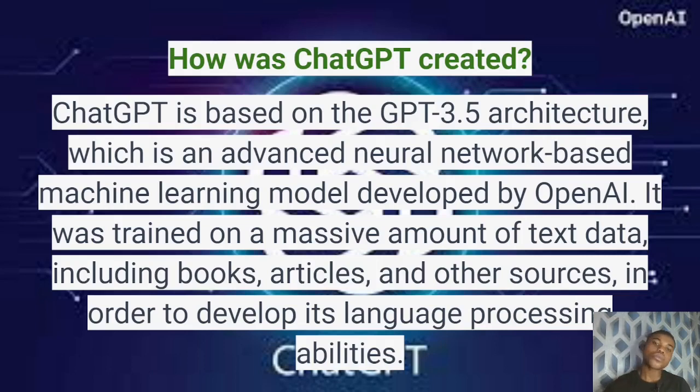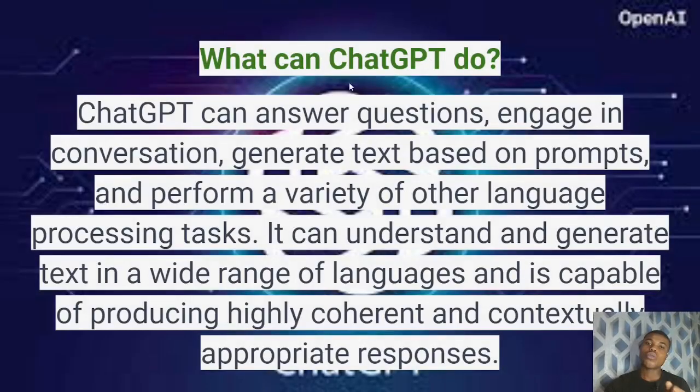So the next thing will be, what can ChatGPT do? Yes, ChatGPT can answer questions. It can engage in conversation. It can generate text based on prompts from the users and perform a variety of other language processing tasks. It can understand and generate text in a wide range of languages, and it is capable of producing highly coherent and contextually appropriate responses.